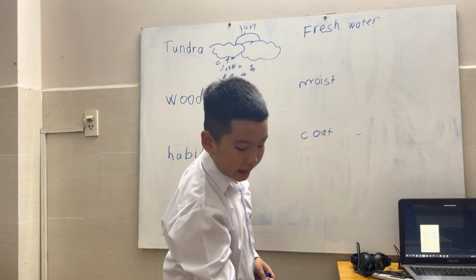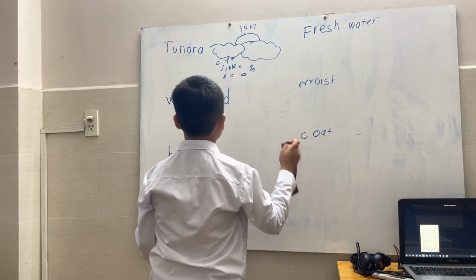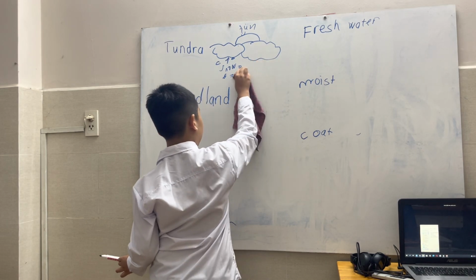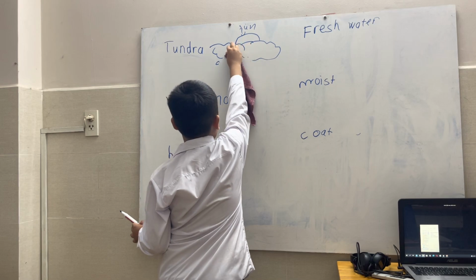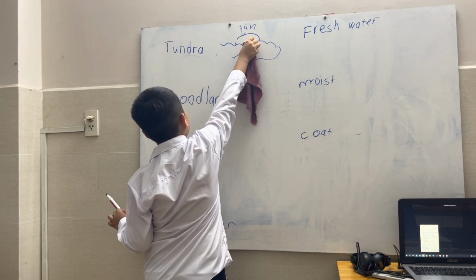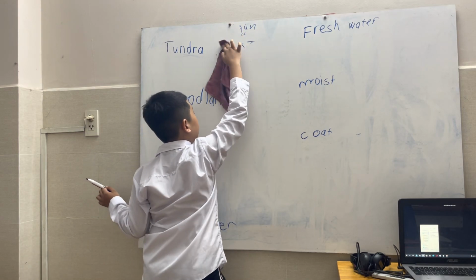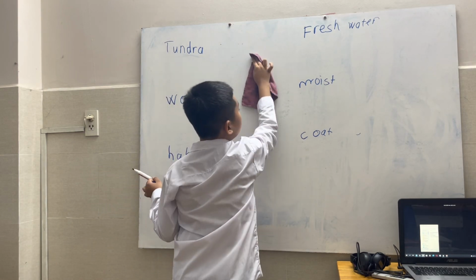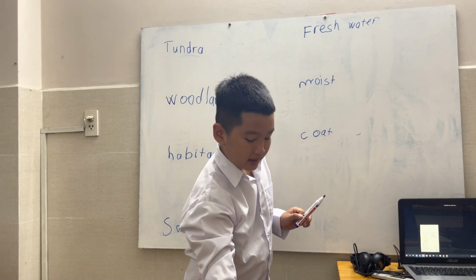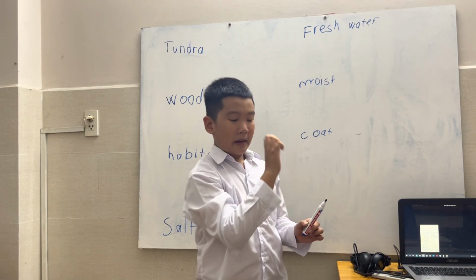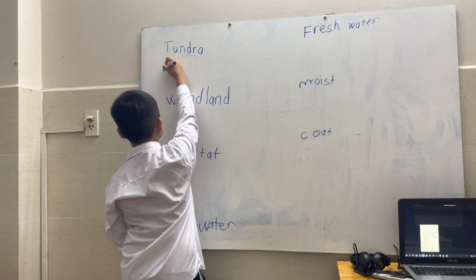But in the summer it gets a little bit warm, and only a few trees grow, but not so much. In the summer, animals such as moose and wild bison and forest cows migrate from one forest.